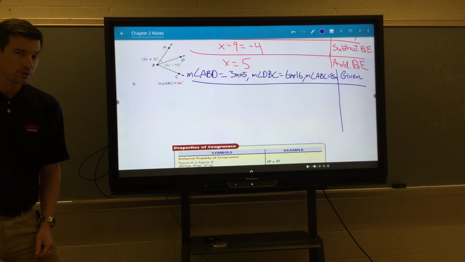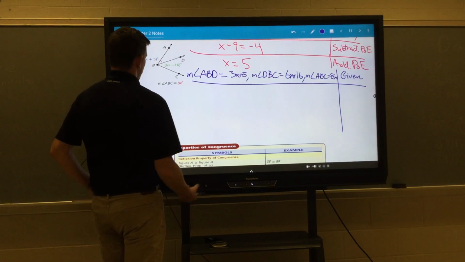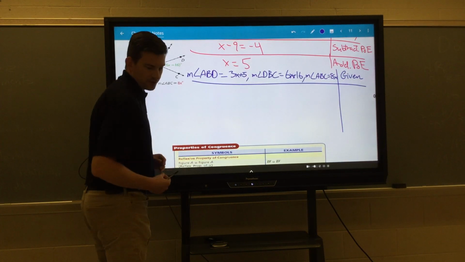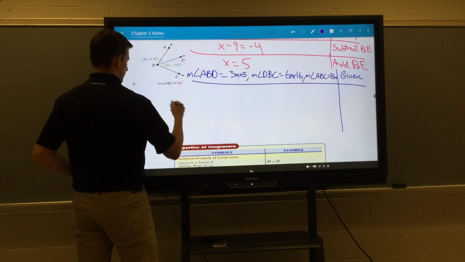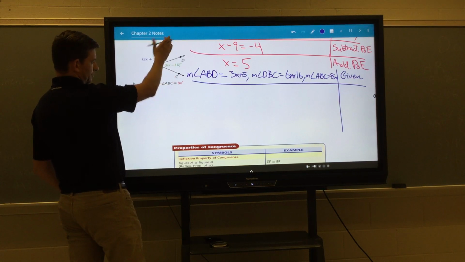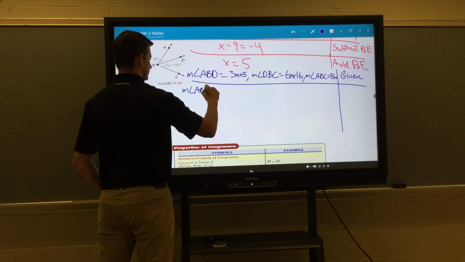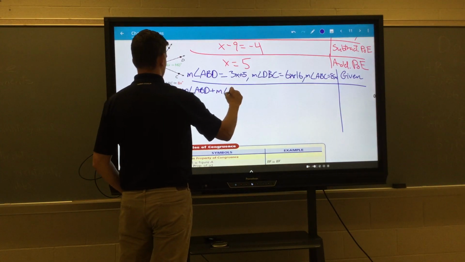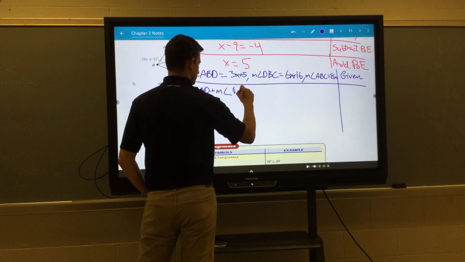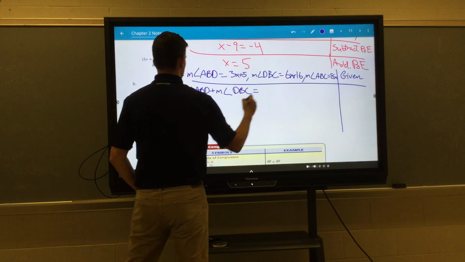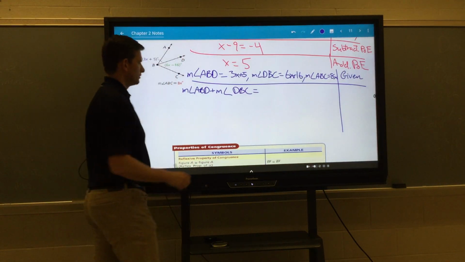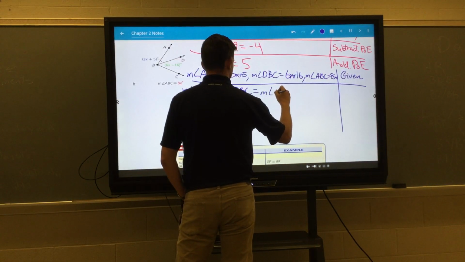So, kind of like what we did with our previous problem. We are now going to assemble these together with the angle addition postulate. So this angle plus this angle gives us the overall angle, measure of angle ABD plus the measure of angle DBC equals this overall angle, measure of angle ABC.